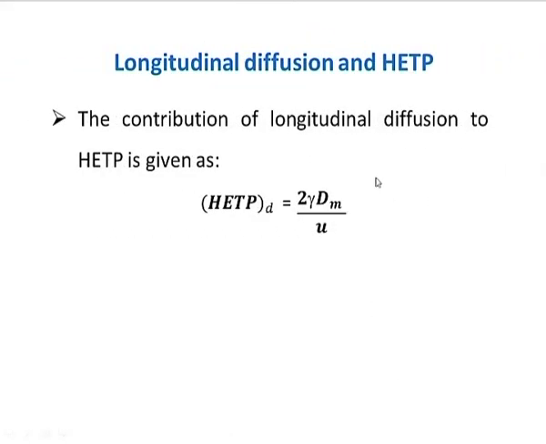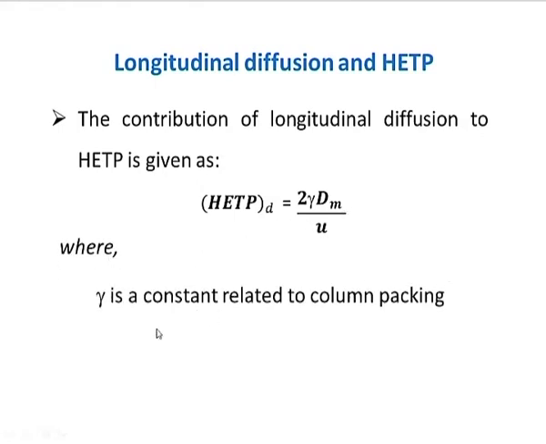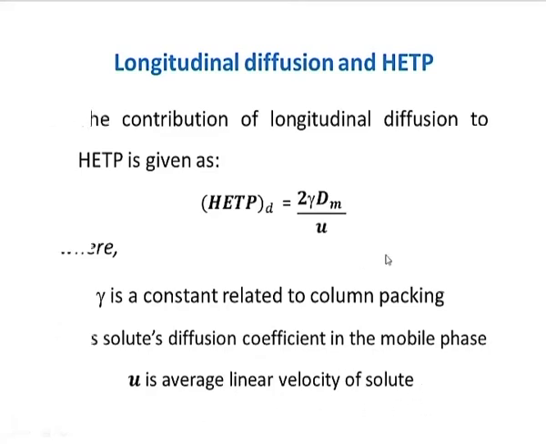How this contributes to the height of a theoretical plate is given by this expression. Hd equals 2 gamma Dm upon u, where u is the average velocity of the particles, and gamma is a constant which is again related to column packing. Dm is the solute's diffusion coefficient in the mobile phase, and u, as I told you, is the average linear velocity of the solute.